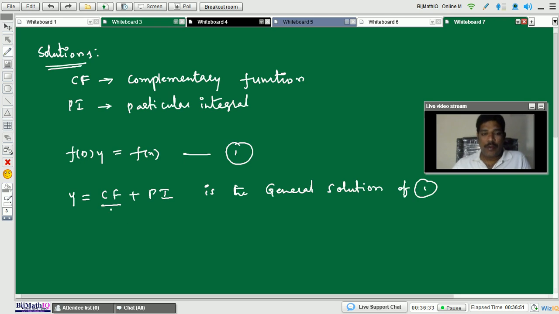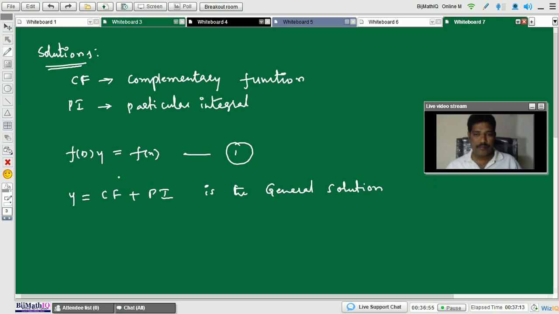Next, we need to find how to find the complementary function and how to find particular integrals. Okay. Next, a small note: if the function f of x is equal to 0, we need not find the particular integral. Just finding the complementary function is enough.